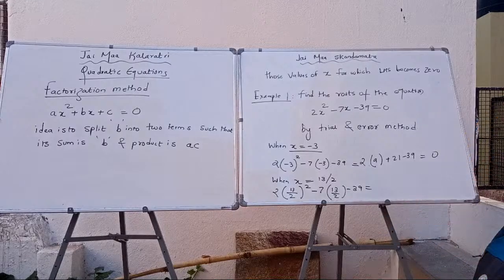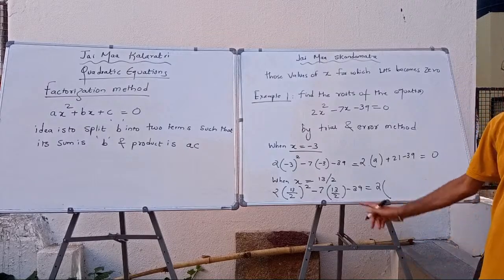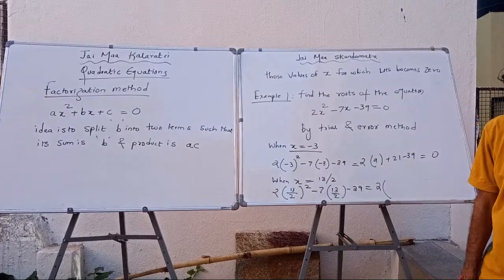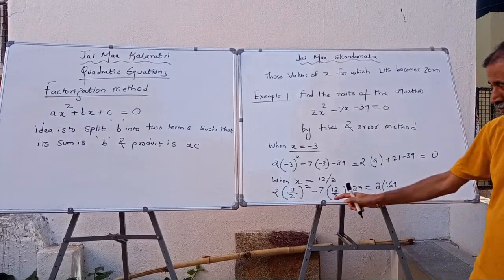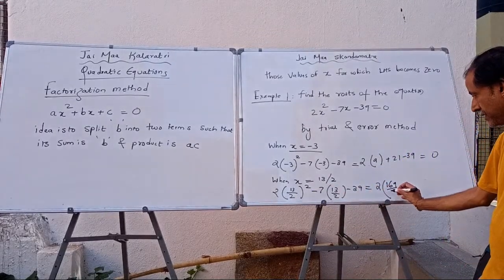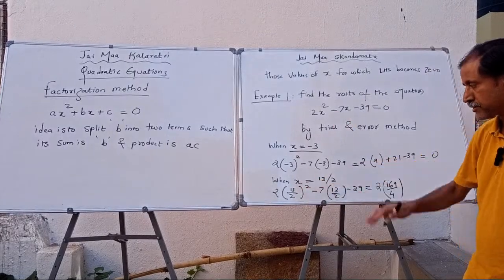Does this work? Are you able to do it? 2 into? Will it only be 13 square? 13 square is 169. Then minus. No, no, there is 2 also down, by 4. You understood, right? This square is for both of them, so 13 square by 2 square.